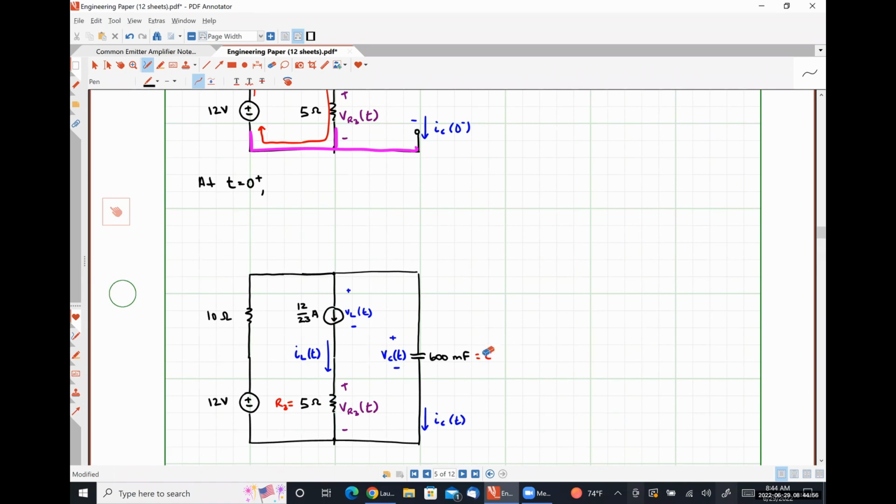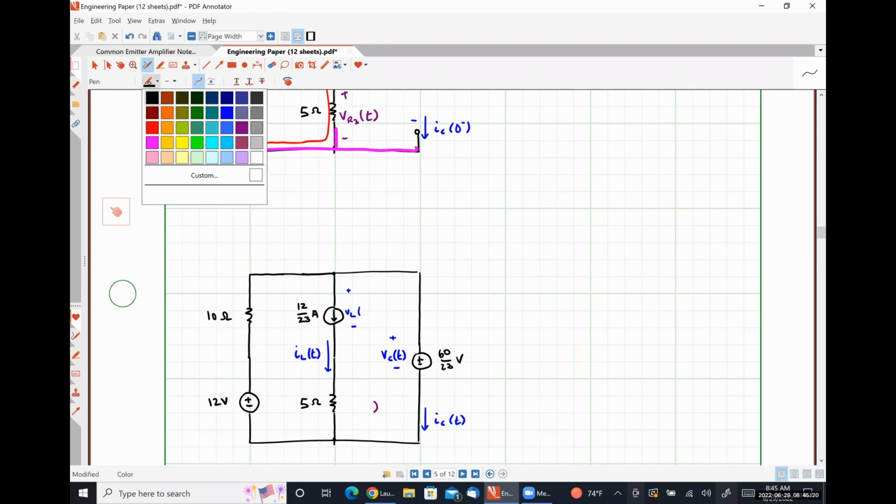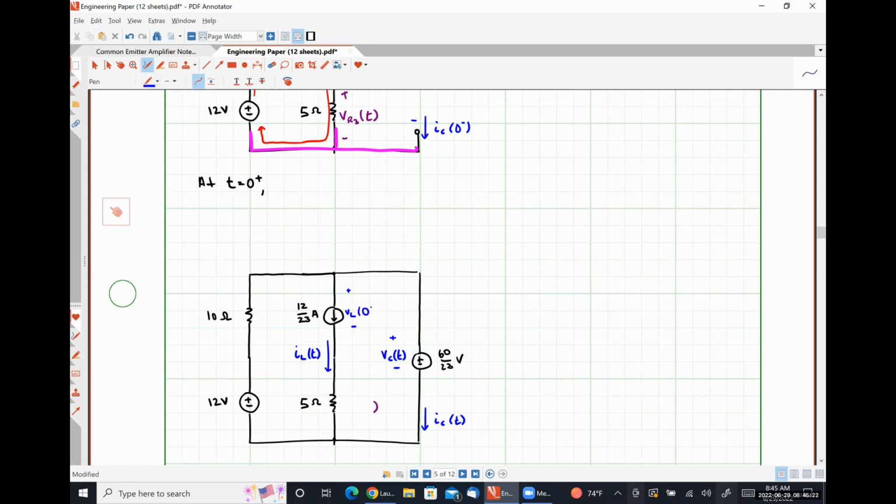I'm going to replace my capacitor with a voltage source that's supplying whatever voltage I had at t is equal to 0 minus, which I believe was 60 over 23 volts. And we are going to be solving for all of these quantities at t is equal to 0 plus now.